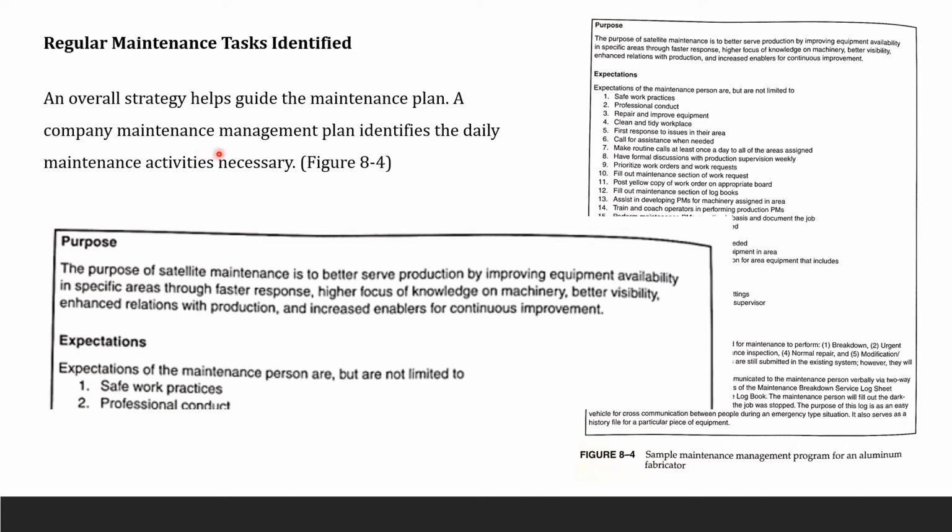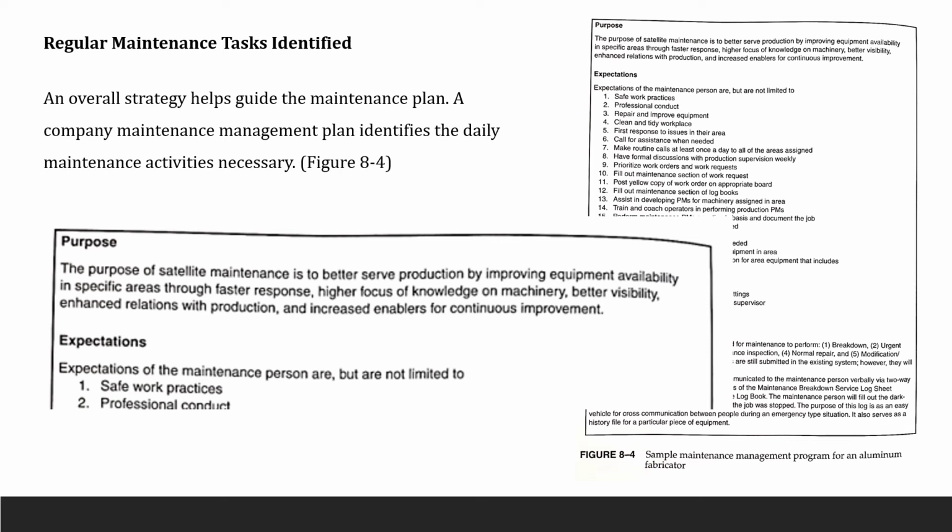Now a company maintenance management plan is going to identify the daily activities, again coming back to our activities. I'm going to underline what we call keywords. First, you underline this keyword, overall strategy.